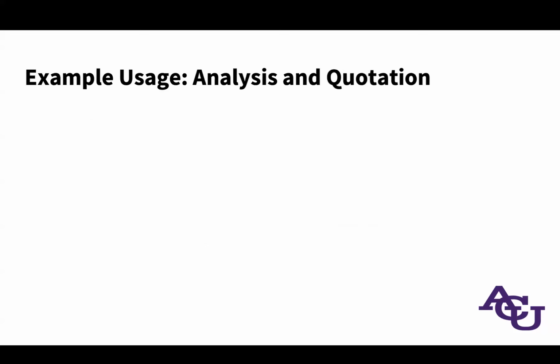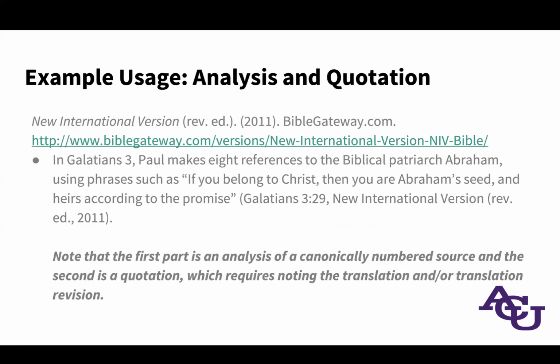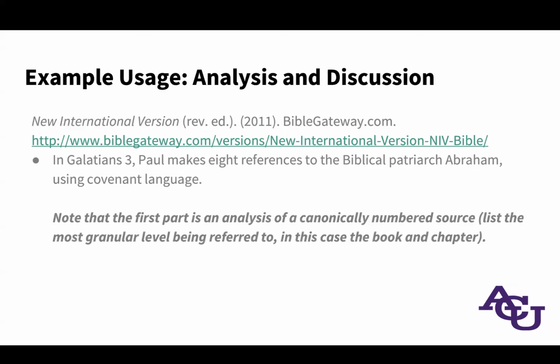Contrast that with if you're analyzing and quoting. In Galatians 3, Paul makes 8 references to the biblical patriarch Abraham using phrases such as, and then we have a direct quotation, if you belong to Christ, then you are Abraham's seed and heirs according to the promise. So we quoted that directly, so we need to identify specifically what's going on. Now, back up here.